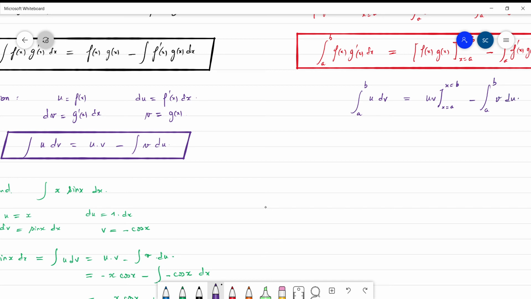But maybe it's much better to leave it as a function in x.